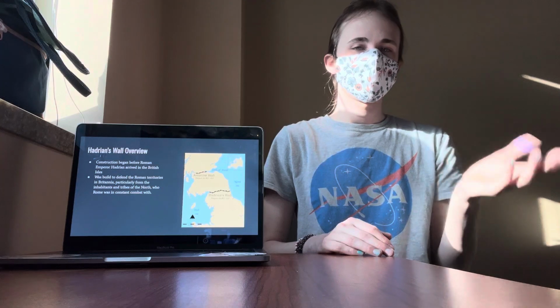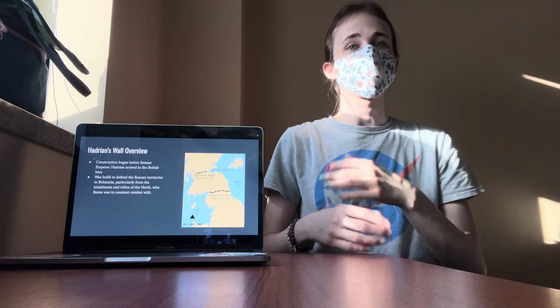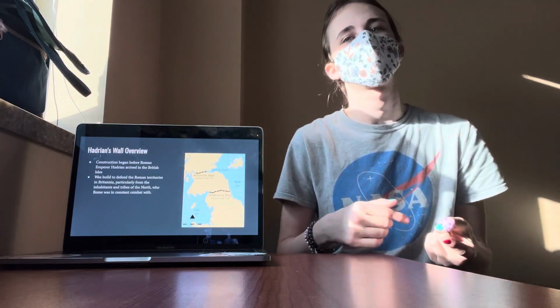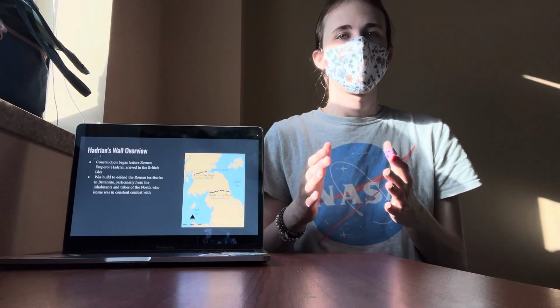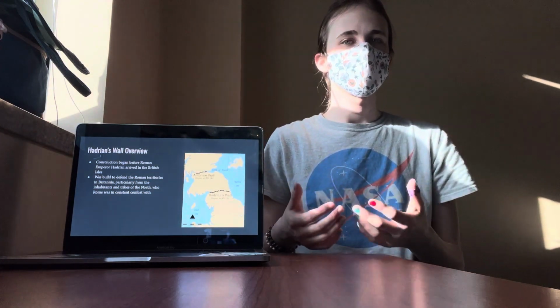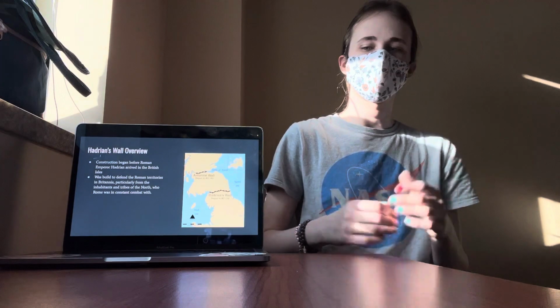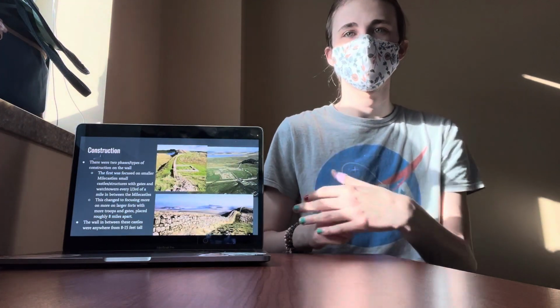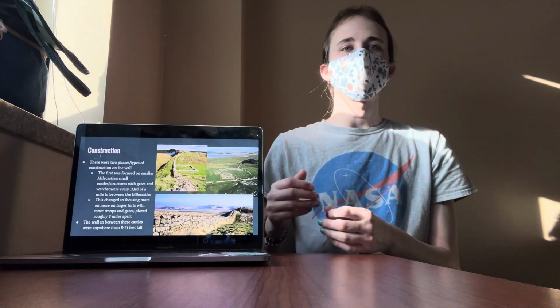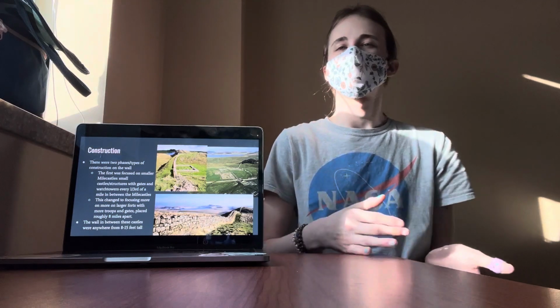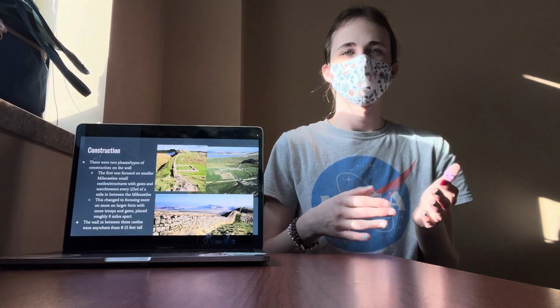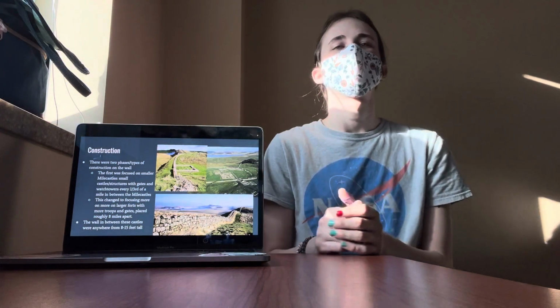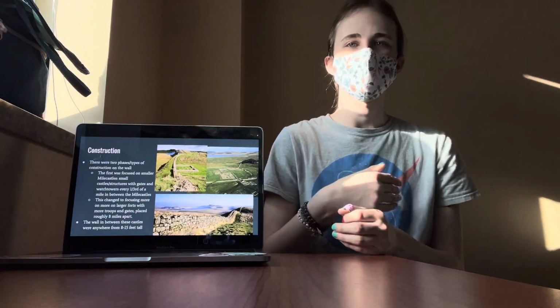This wall began construction before Emperor Hadrian made it to the British Isles, but he was the one who reorganized, and as we talk about in the next slide, he's the one who gave the construction a more direct direction.